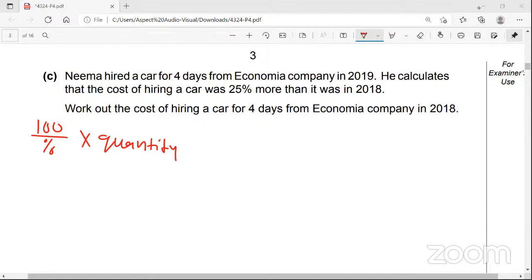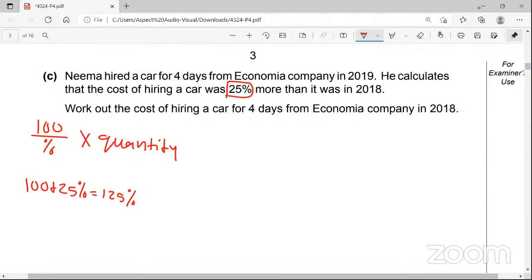Therefore, our percentage here is going to be 100 plus that percentage. Are we together? Plus the 25%. So which is going to give you 125%.